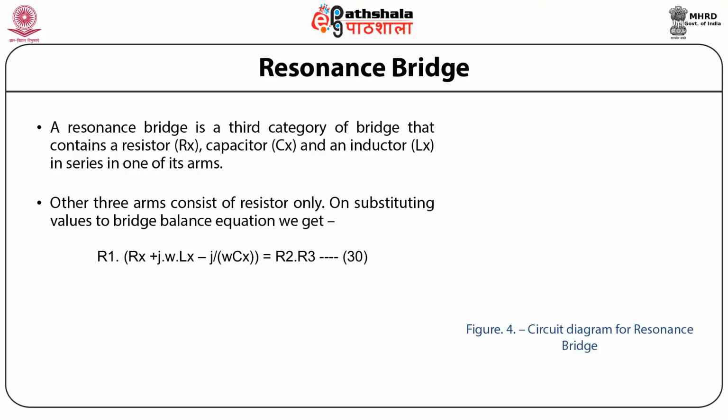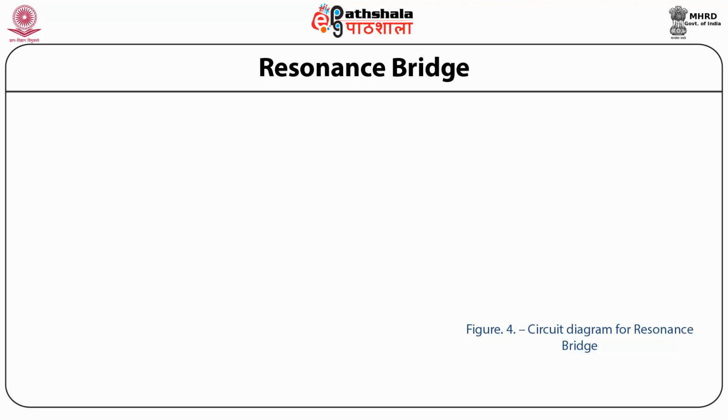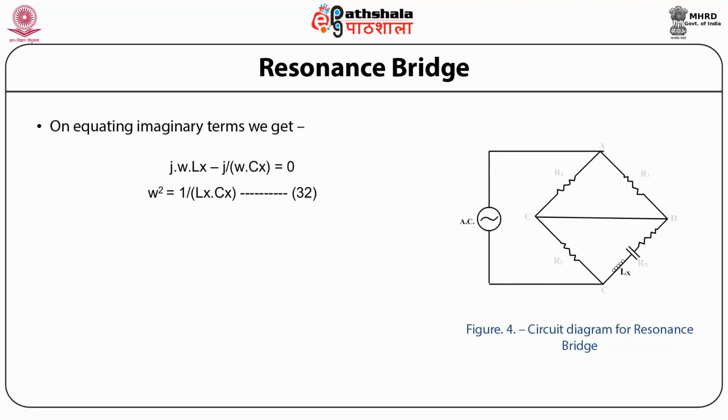This is equation 30. On equating real terms, we get Rx = R2·R3/R1. This is equation 31. On equating imaginary terms, we get jωLx − j/(ωCx) = 0. Therefore, ω² = 1/(Lx·Cx).